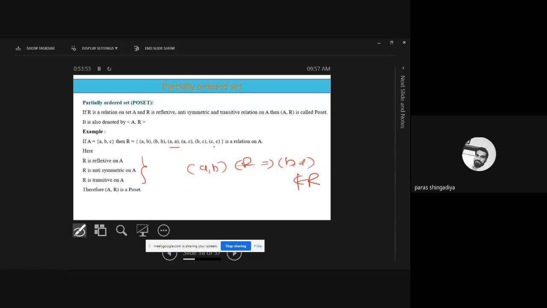So AA, BB, and CC are given. So it satisfies the reflexive property for the three elements A, B, C. Now antisymmetric. So AB के लिए BA exist नहीं करना चाहिए. ठीक है? So as per our last discussion, we consider these three pairs AA, BB, and CC, that by default are symmetric as well as antisymmetric both.